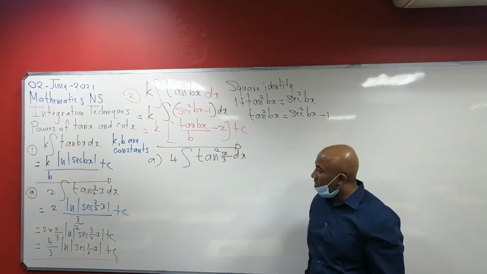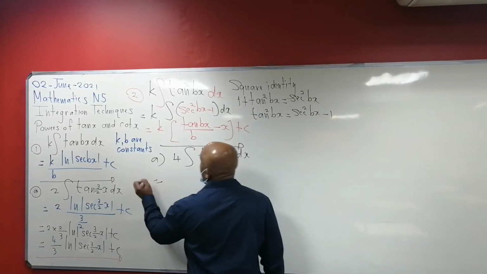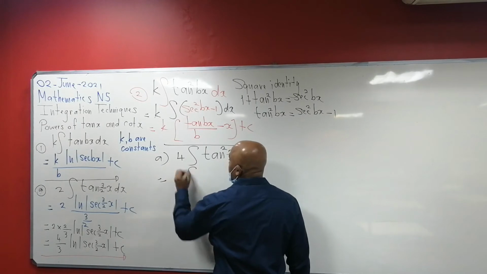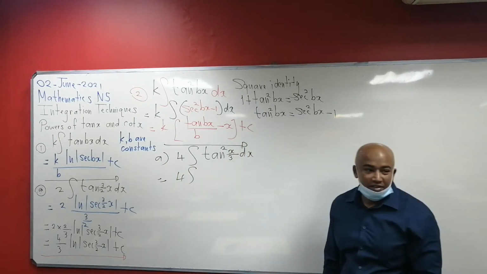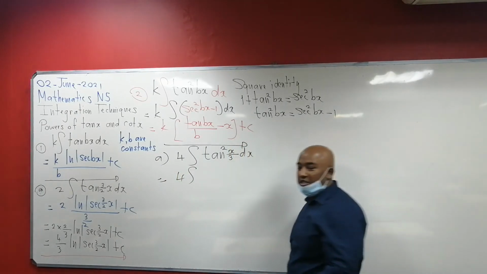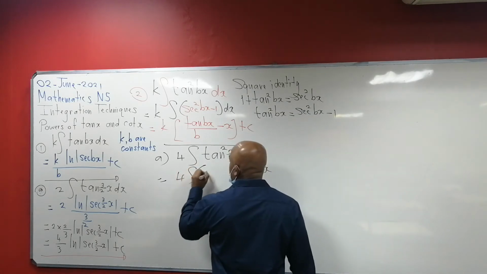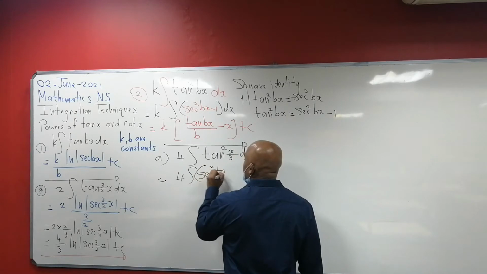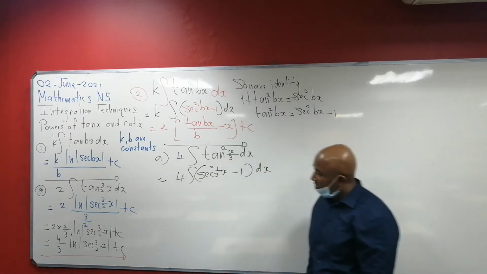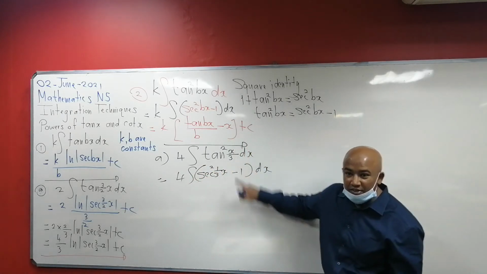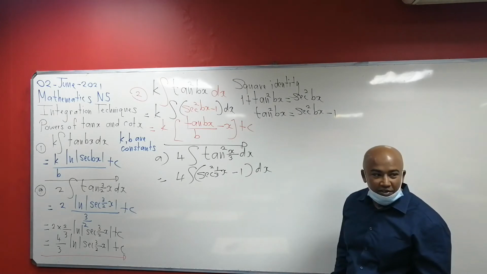So here's another example of this formula. So I've got tan squared x over 3. All I will do is change it. Tan squared can be written as sec squared 1 over 3x minus 1. Remember, x over 3 is the same as 1 over 3x.